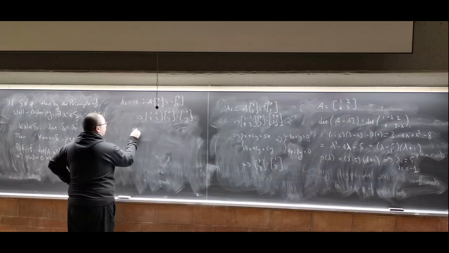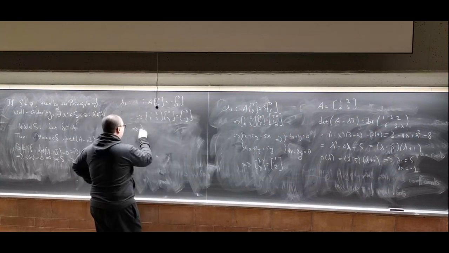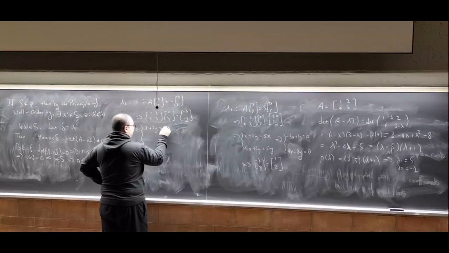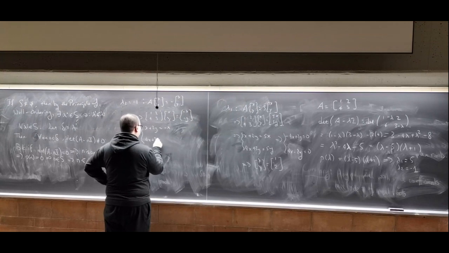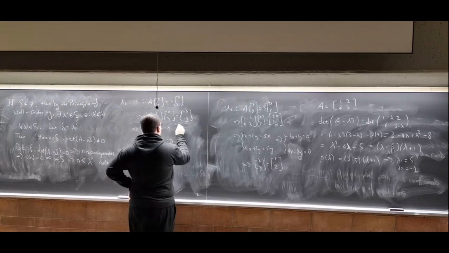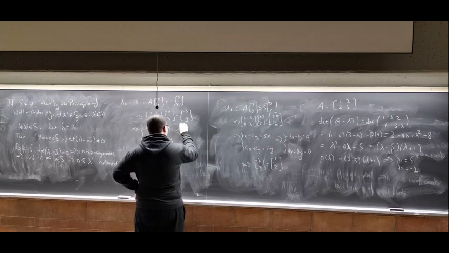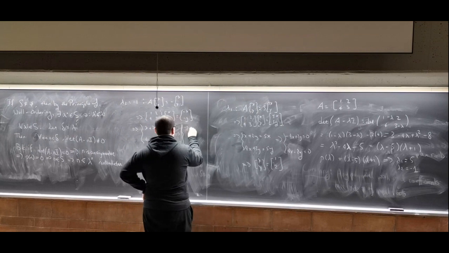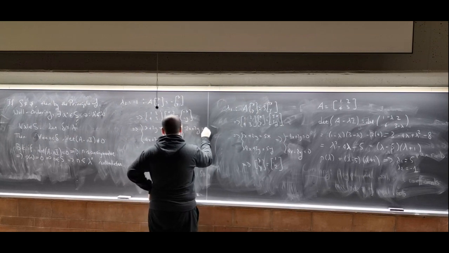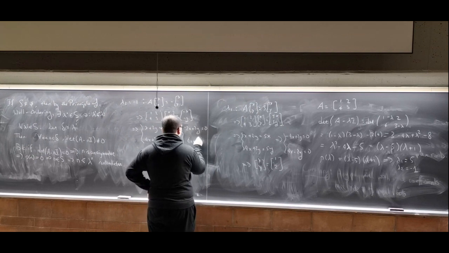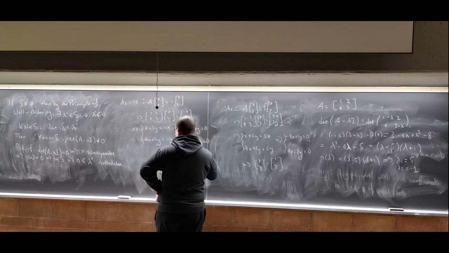So x plus 2y equals minus x, and 4x plus 3y equals minus y, which becomes 2x plus 2y equals 0, and 4x plus 4y equals 0.